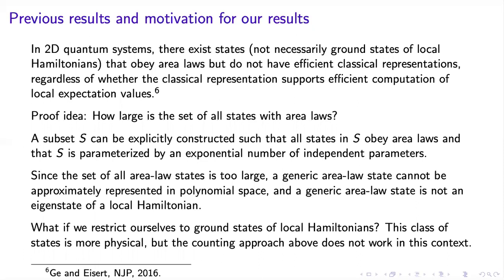This just means that the set is too large, so you cannot expect to represent all error law states using a polynomial number of bits. Therefore, a generic error law state cannot be approximately represented in polynomial space, and it cannot be an eigenstate of a local Hamiltonian, nor a ground state of a local Hamiltonian.